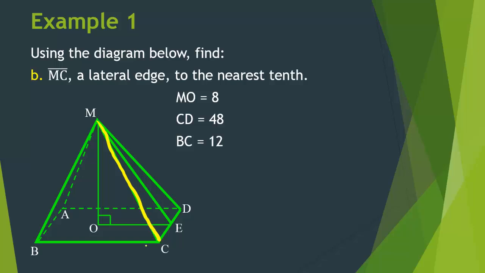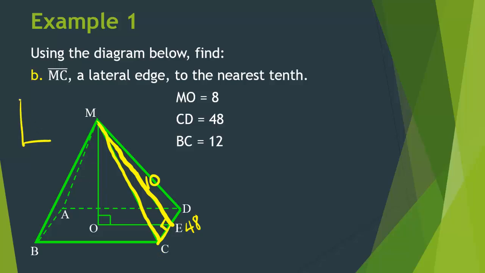So that right there. Again, MO is 8. CD is 48. And we know that ME is 10. What we're not going to use this time is this 8. Because if you notice, now that I know 10, I have another right triangle here.